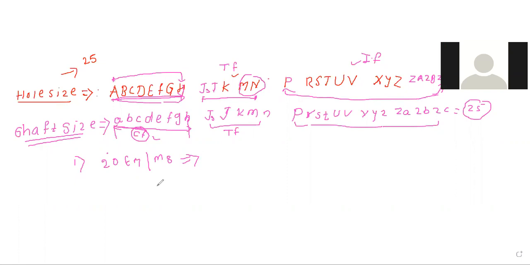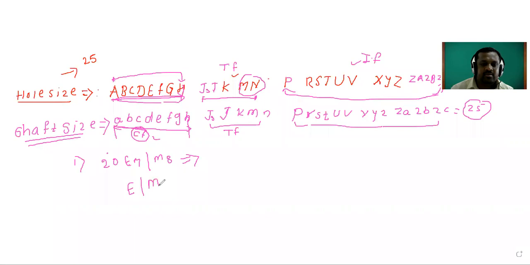How have you decided this? E lies between A to H, so to select the fit we have to go to this side and check where the small m lies. Small m lies in this range, and for that it is the transition fit.